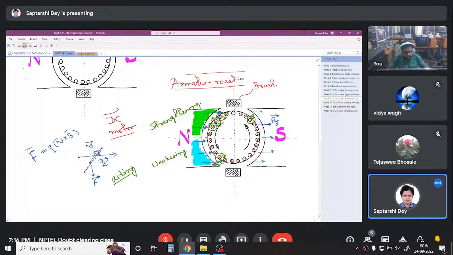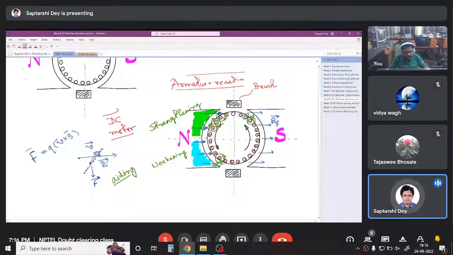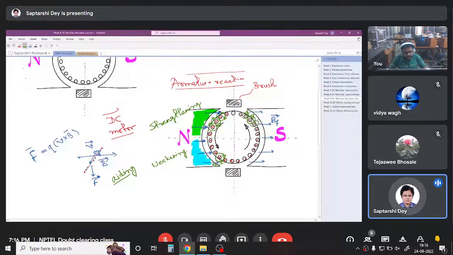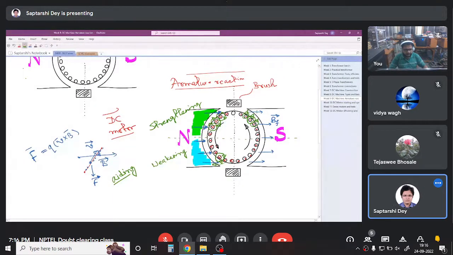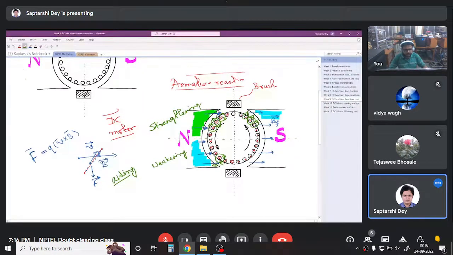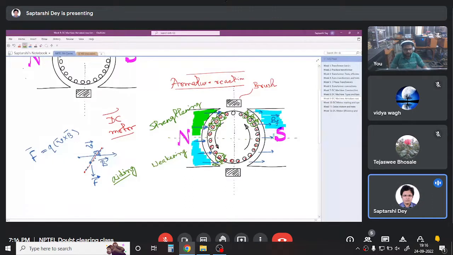This one also is in this direction. So you can see in this area, on the upper half of this pole, there is weakening. The armature magnetic field is weakening the main field of the machine.